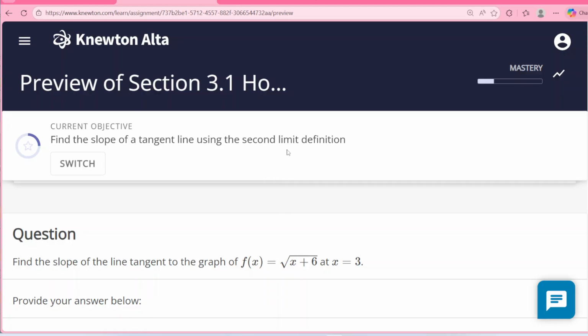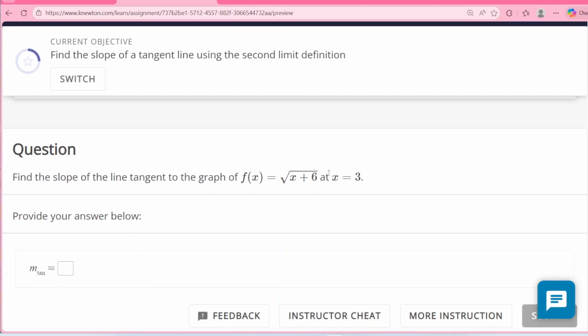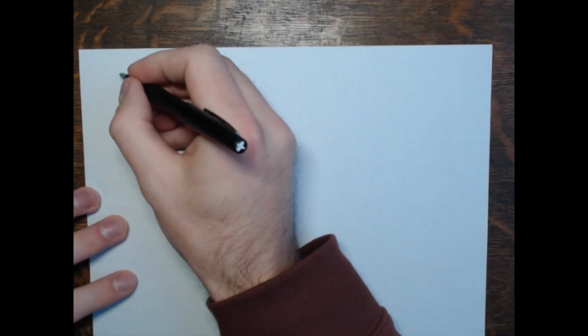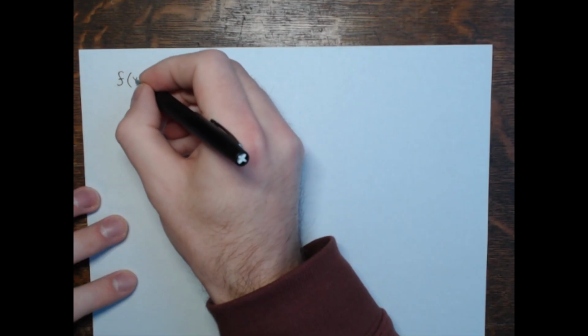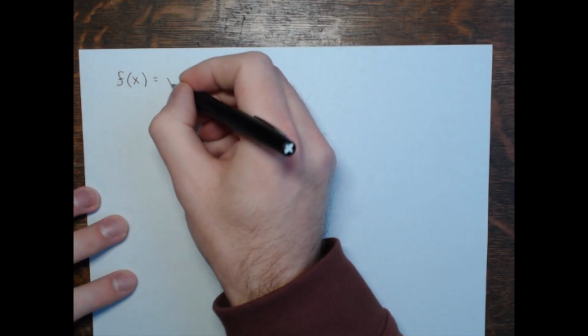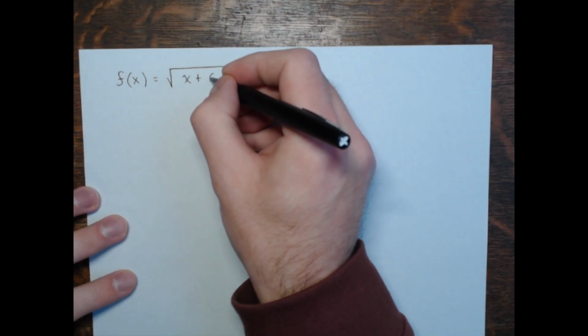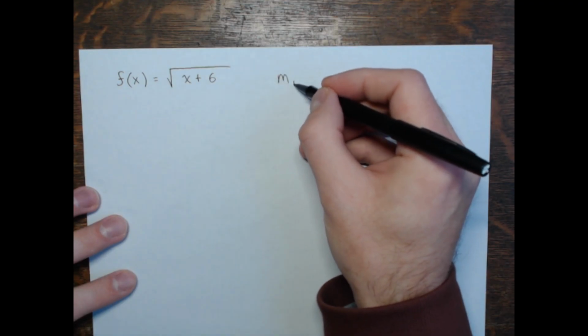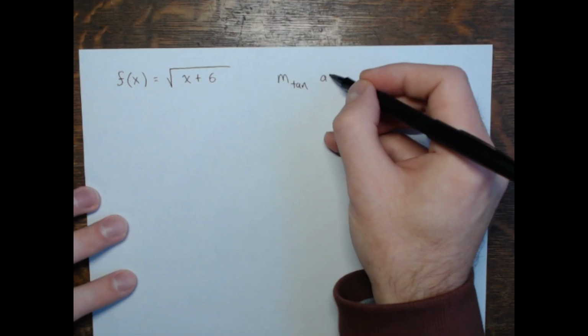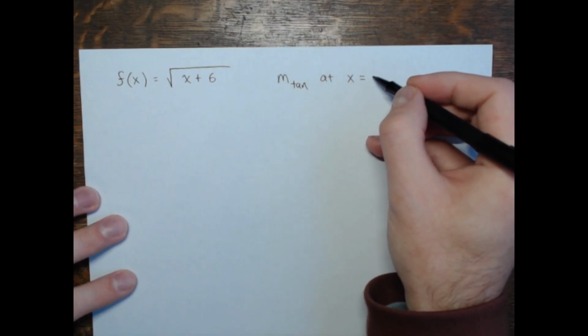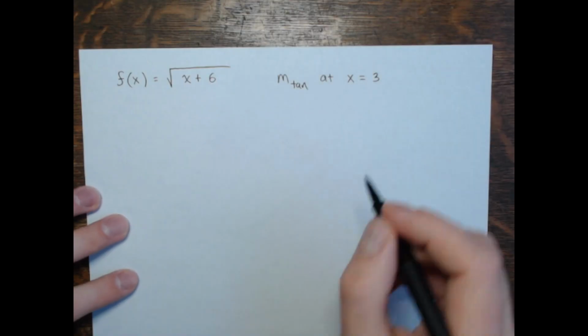All right, so this one's using the second limit definition, so I'll write this one up. The function is the square root of x plus 6, and we want the slope of the tangent line at the point where x equals 3.